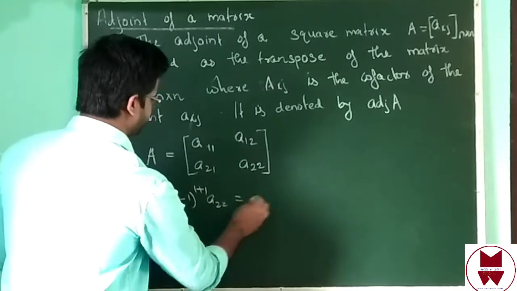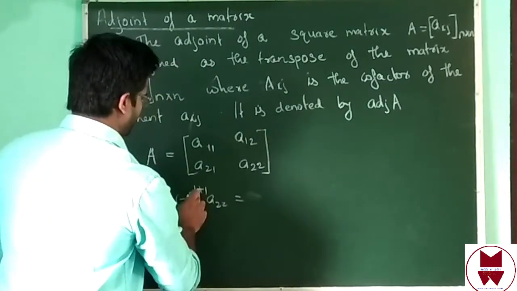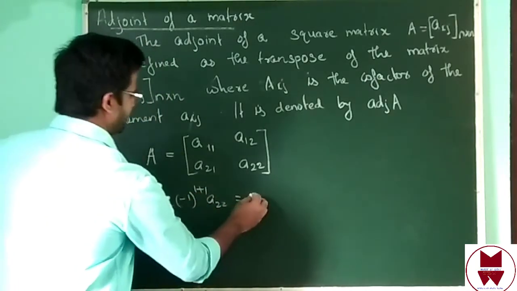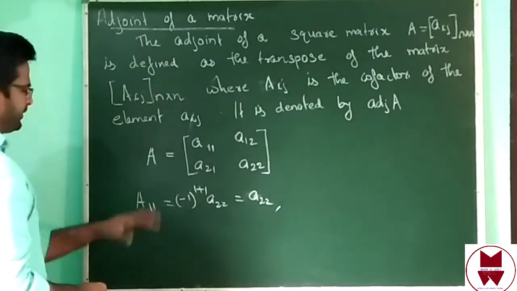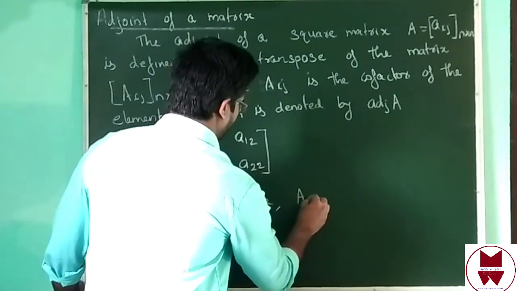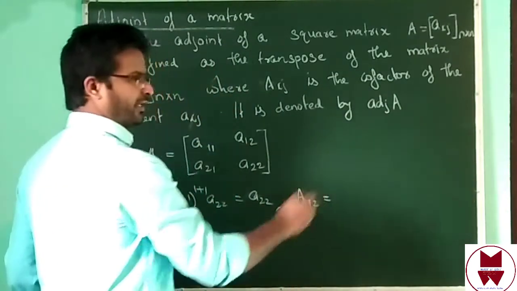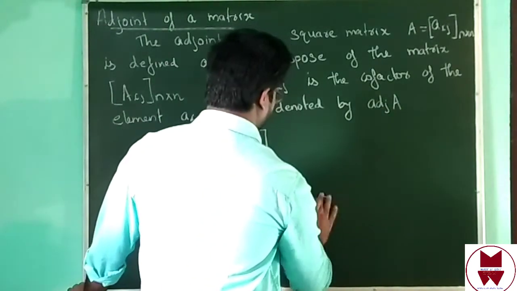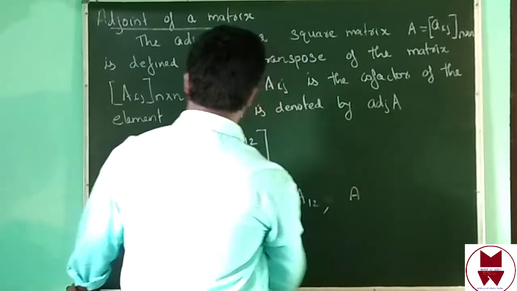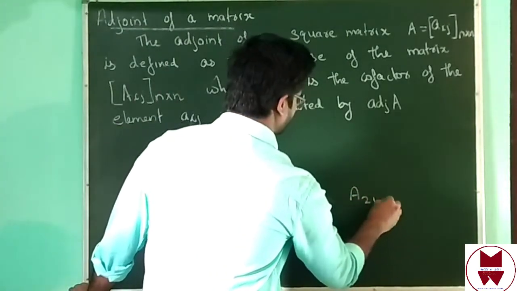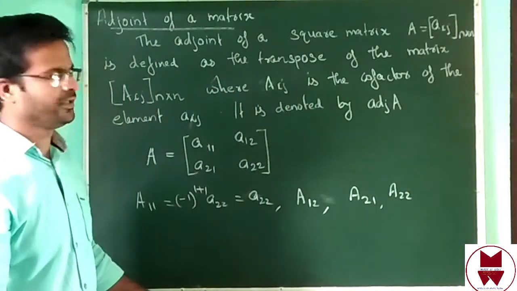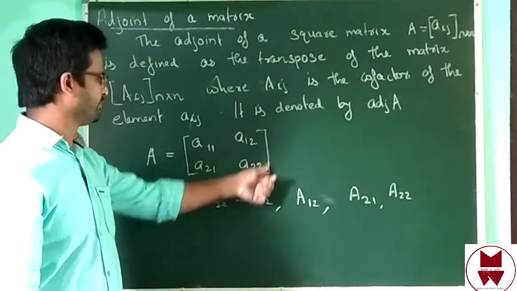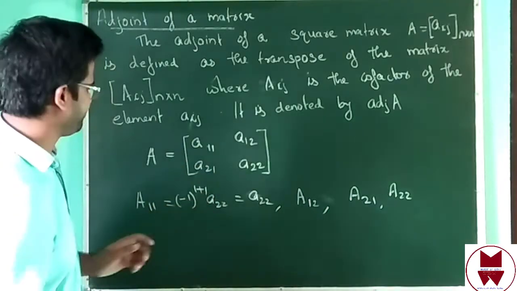You will get minus 1 all raised to 1 plus 1, that is plus 1 only, into a22. Then like that you can find A12 also. Then same like that find A21, then A22. First we will find all the cofactors of the elements.